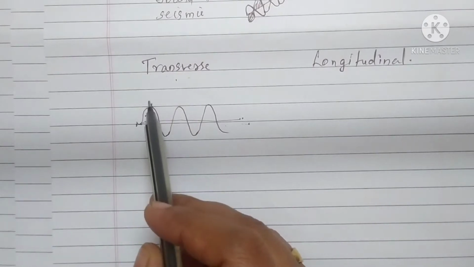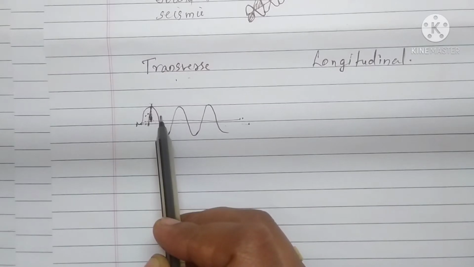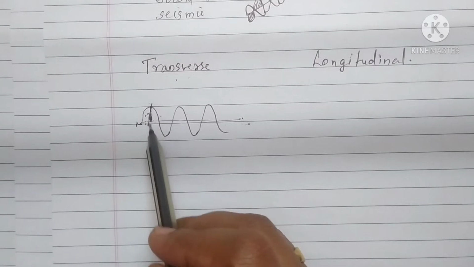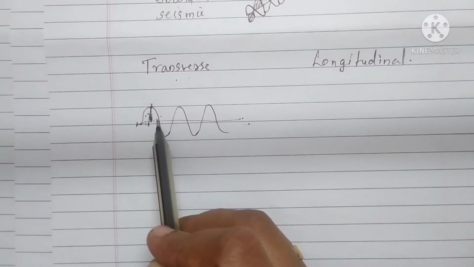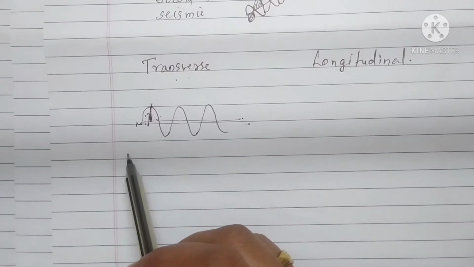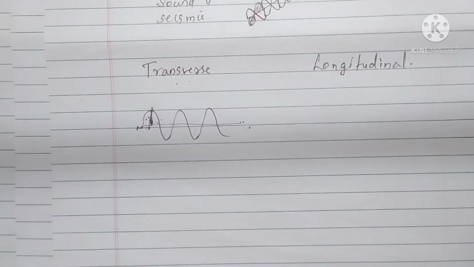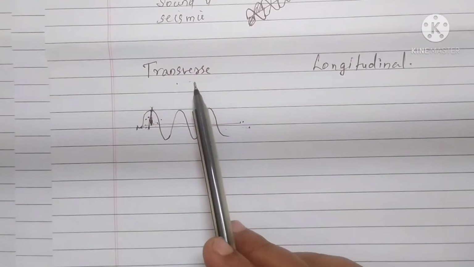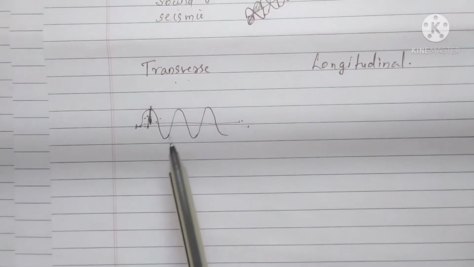That means the individual particles in that particular medium, whenever you are considering individual particles, they execute the motion which is perpendicular about the mean positions, perpendicular to the direction of propagation. Understood? That type of motion is known as transverse motion, and such waves are known as transverse waves.